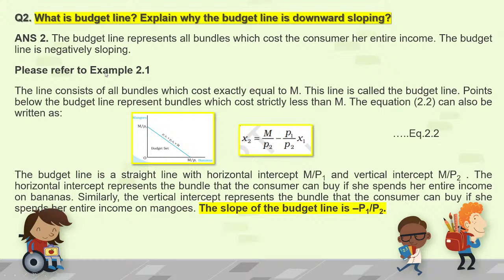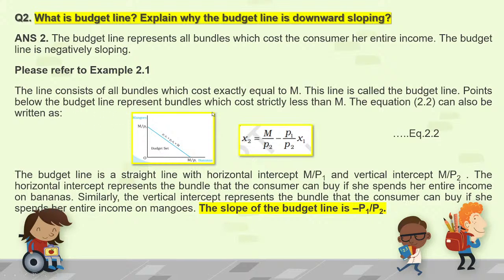We'll refer to the earlier example number 2.1. I've taken this figure again here for reference. This line consists of all those bundles which cost exactly equal to M. What is M? M is the level of income, which is fixed by nature. This line is called the budget line.